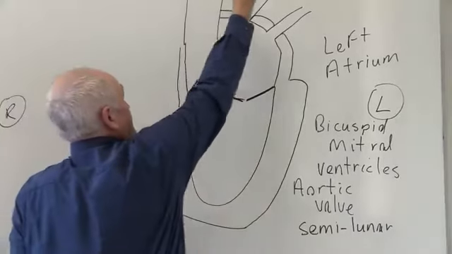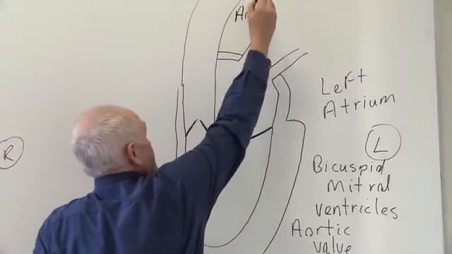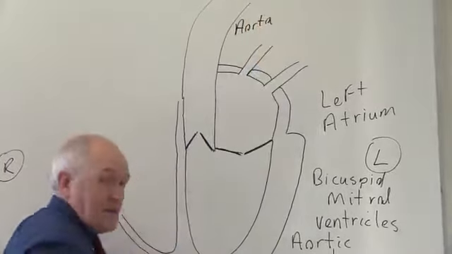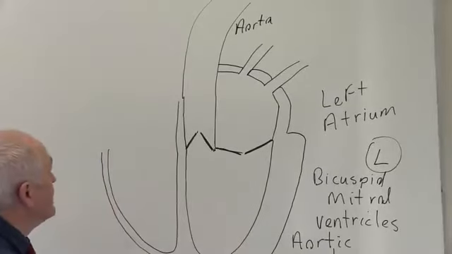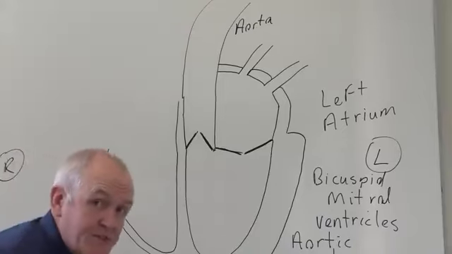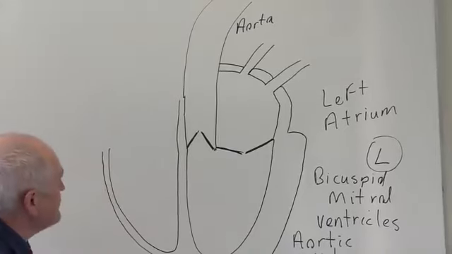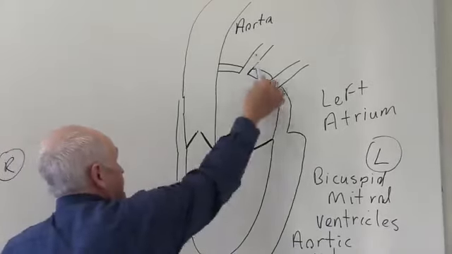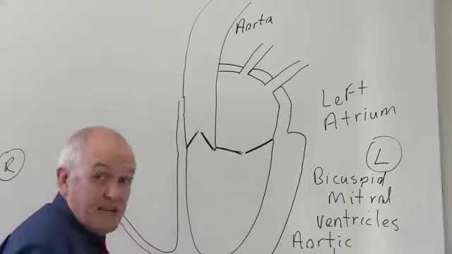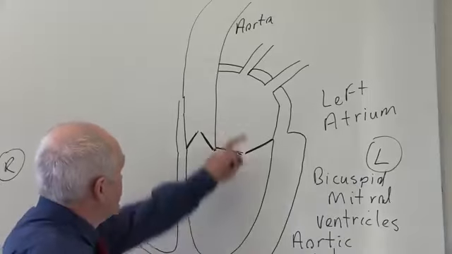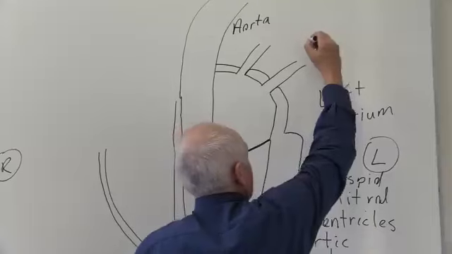So as we've said, this vessel is the aorta, the large vessel leaving the left ventricle, taking blood all round the systemic circulation. And these veins here, remember we said there were four veins taking blood into the left atrium. They're the pulmonary veins.